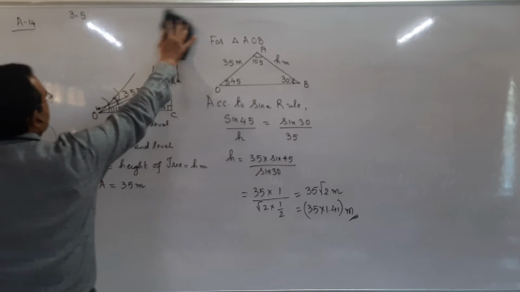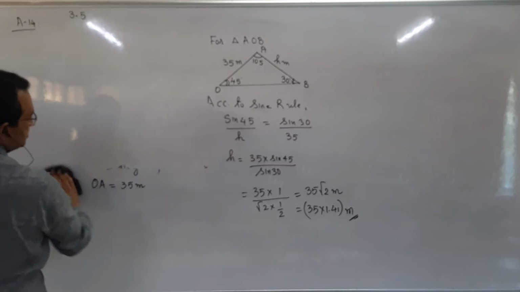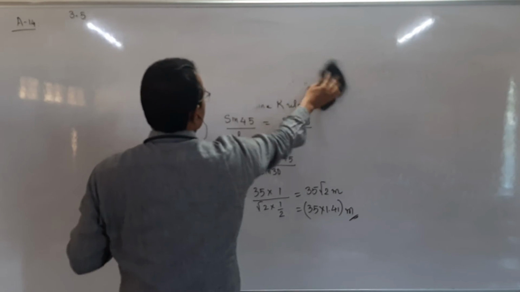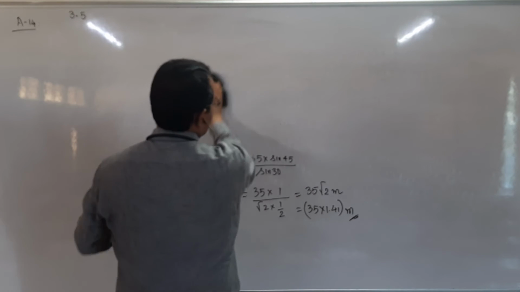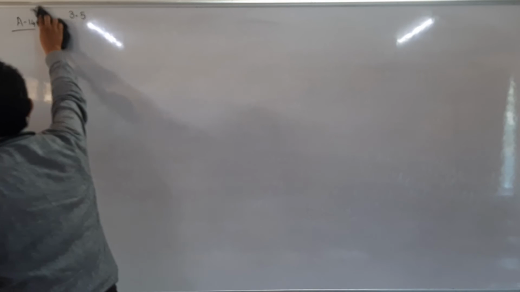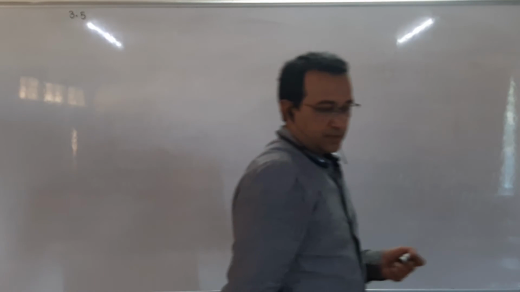Okay, now students, we are doing word problem 15. Our next sum is word problem 15. Here also one has to be very, very careful in drawing the figure. The sum reads as follows: two ships leave a port at the same time.